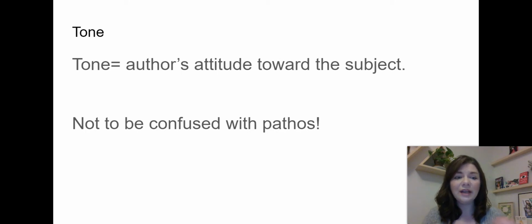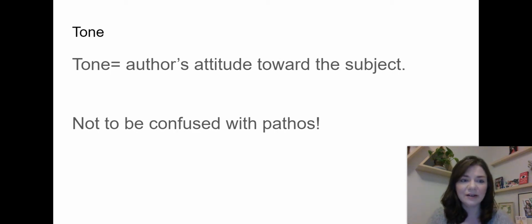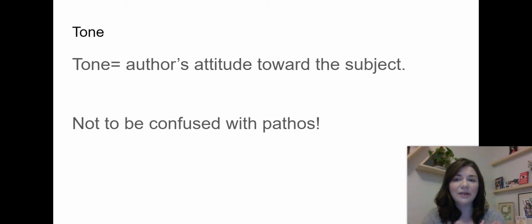So even though they're angry, they realize that sadness might be the thing that motivates or moves their audience more than anger. And so you can feel anger, you can try to make your audience feel sad. Okay. So pathos and tone are not always the same thing.